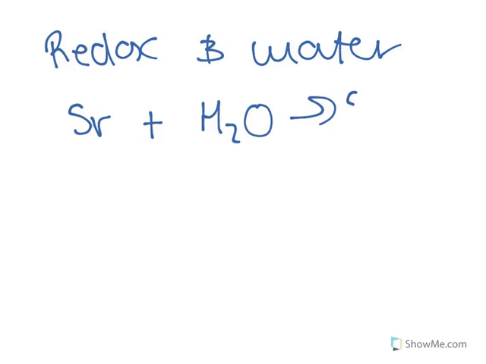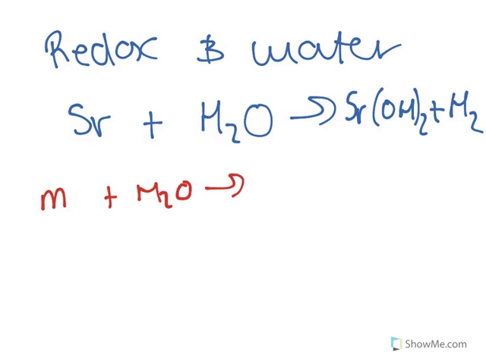So it will go to Sr(OH)2. This is because you need the charge to balance out, and plus H2. So you can use this with any group 2 metal. So say the group 2 metal was M, you could just go M plus H2O goes to M(OH)2 plus H2. That is literally a universal thing that you can use for all group 2 metals.